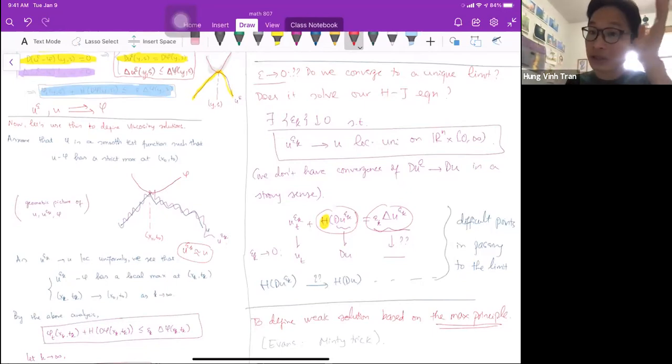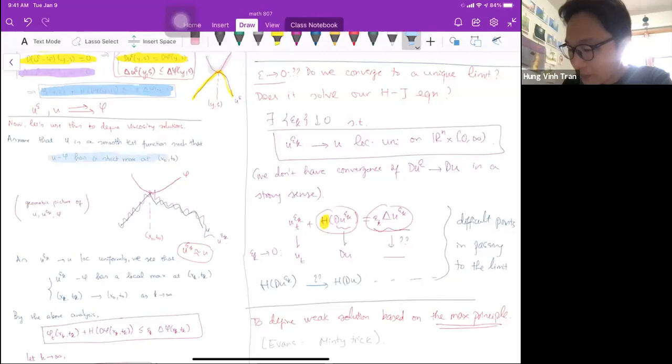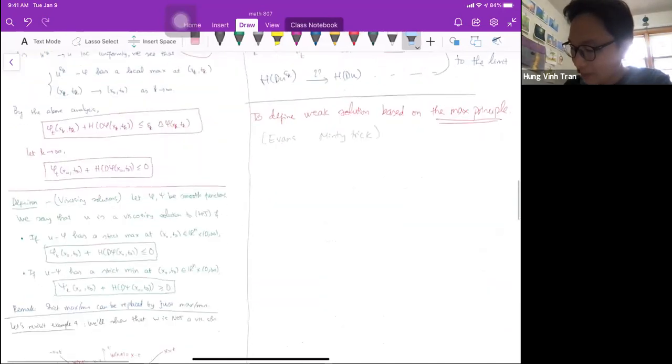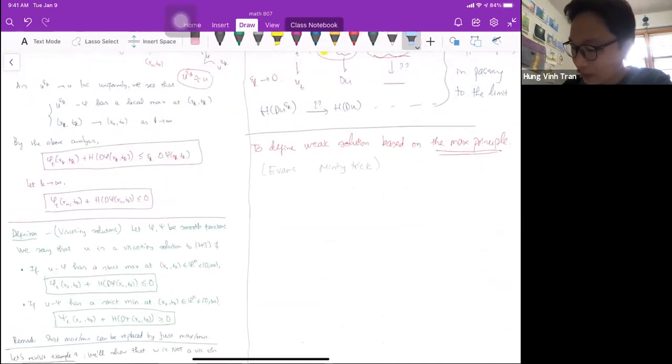Now I'm still using a test function phi touching u from above because I want to define a solution for u, right? So I'm assuming that u minus phi has a strict maximum at x naught, t naught. Maybe let me draw a picture for you here before coming to the definition.